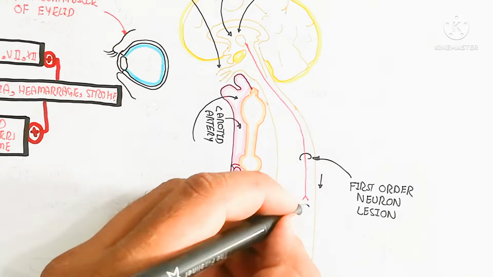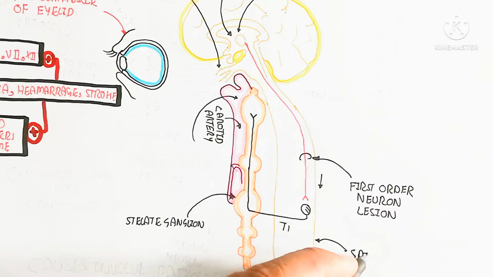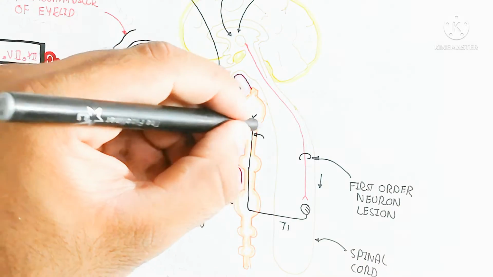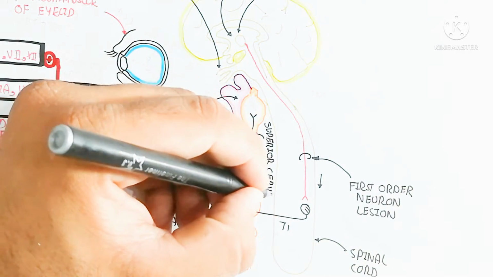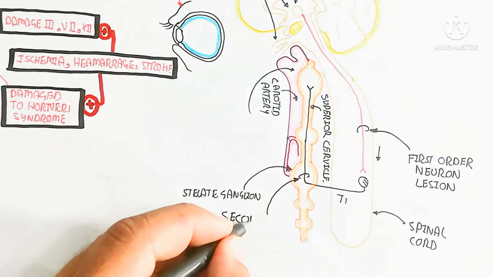The first order neuron moves downward, descending to the thoracic one ganglion of the sympathetic innervation.